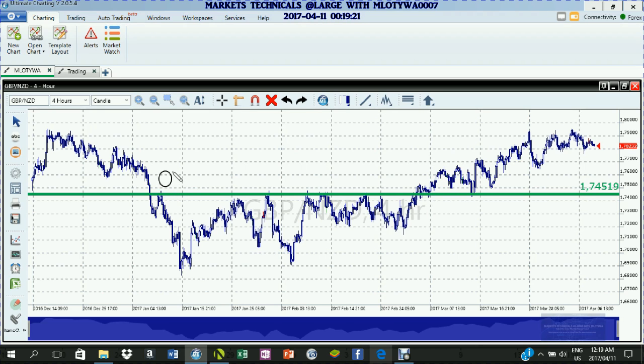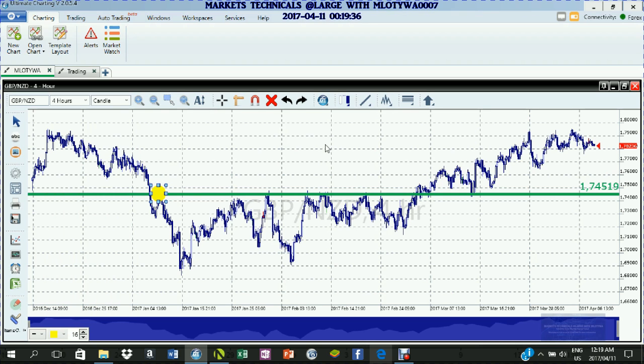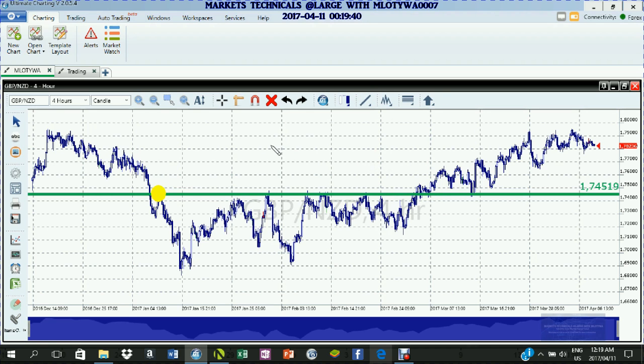Now I'll plot this one here and adjust the size and shade it so that it is visible to a trader who is watching this video. Then I'll denote another resistance point. There it is, everyone can see that.